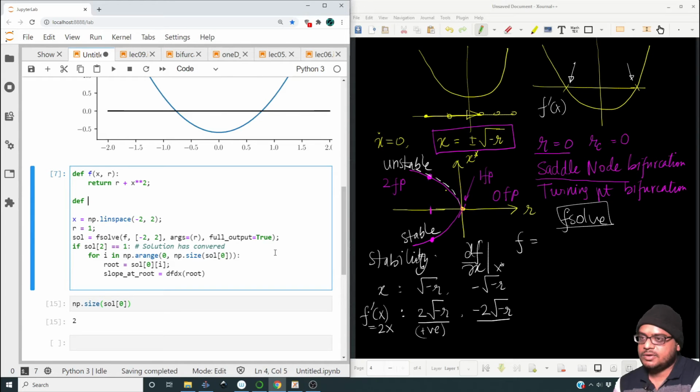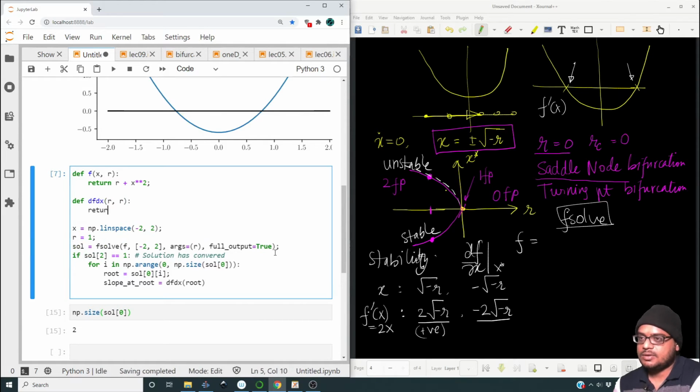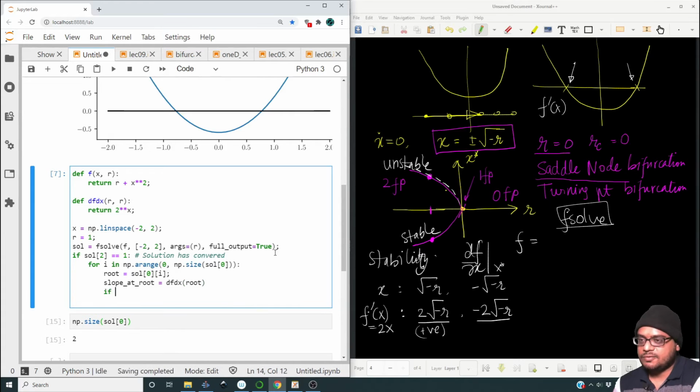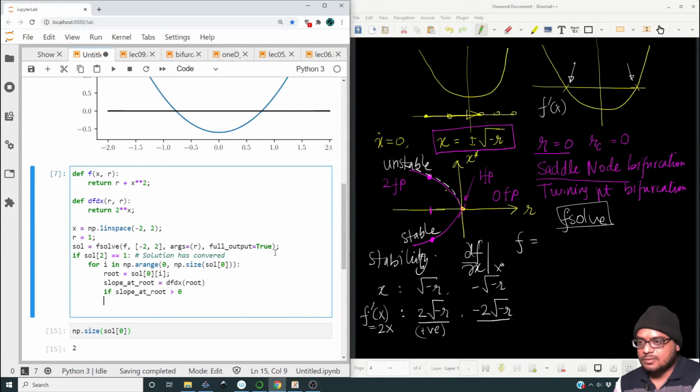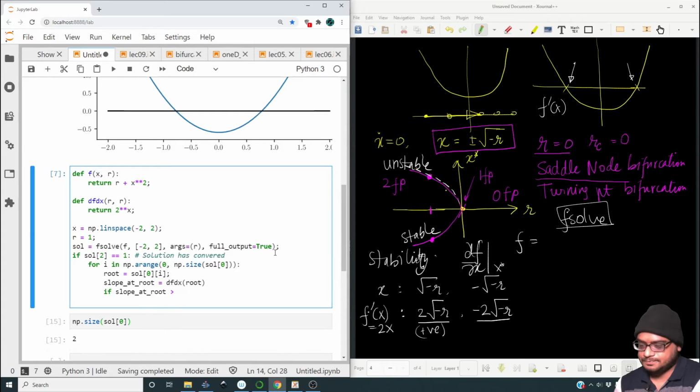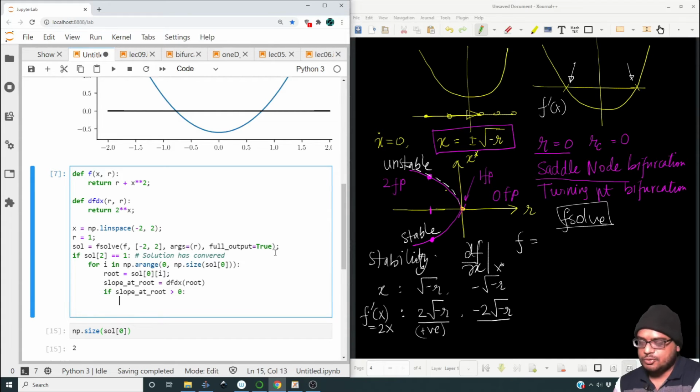def df dx (x, r): return 2 times x. It will return the slope at the root. If slope at root is greater than 0, then I should plot it. How should I plot it? I should plot it as a cross because it's an unstable point.